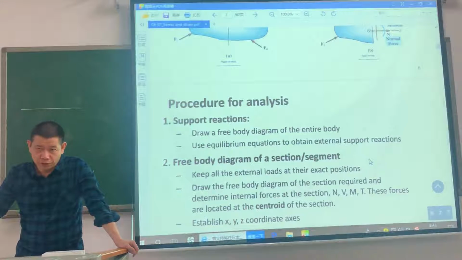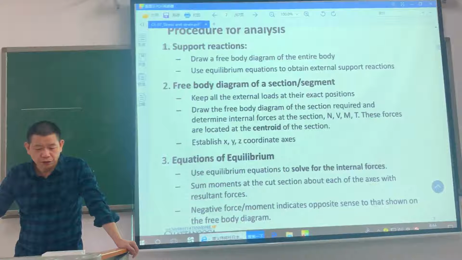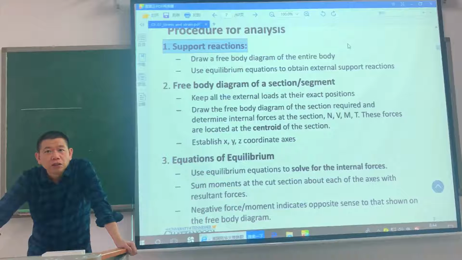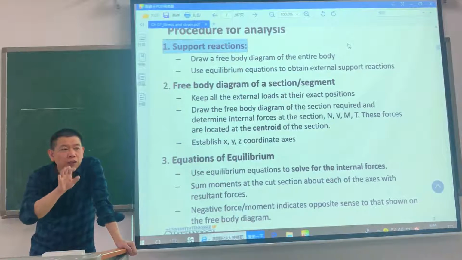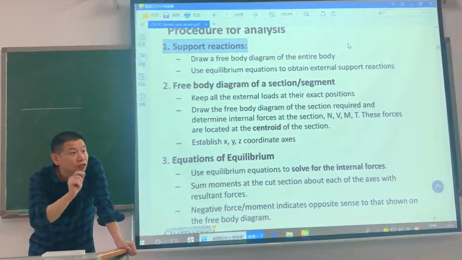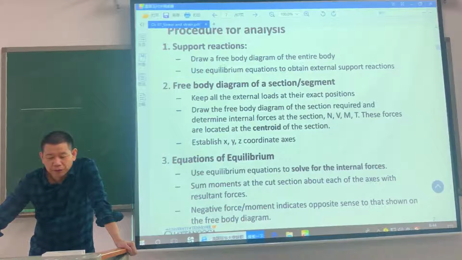How to find internal forces is a procedure for analysis. At first, we have to find the support reactions. How to find support reactions? We find them from statics. Draw the free body diagram, and use the equilibrium equations to determine the external support reactions.